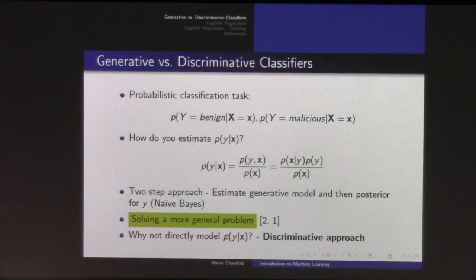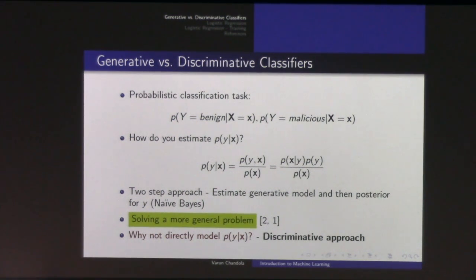But the main thing you want to remember is that in logistic regression, or in any discriminative classifier, we directly model y given x, directly the posterior for y. We do not model x given y and then compute y given x. We directly model y given x. The reason why that helps is that it reduces the complexity of your algorithm.